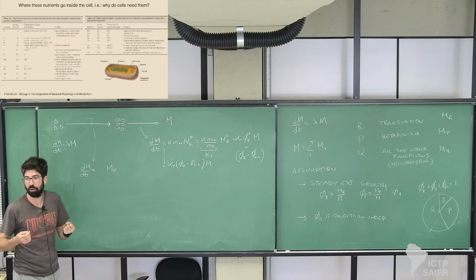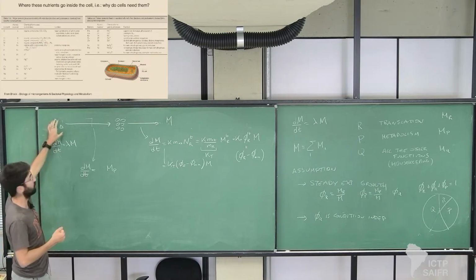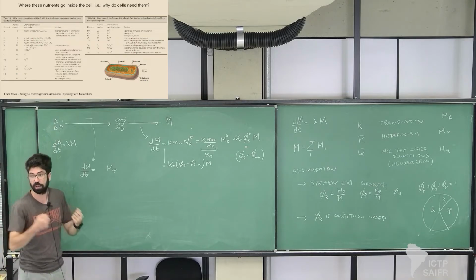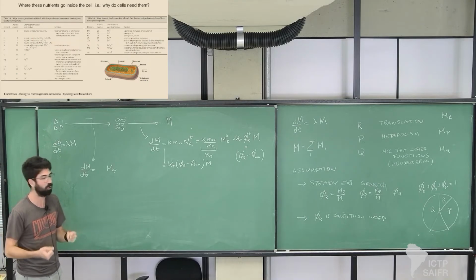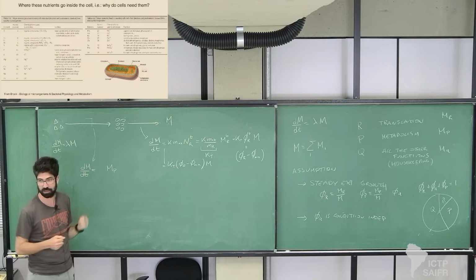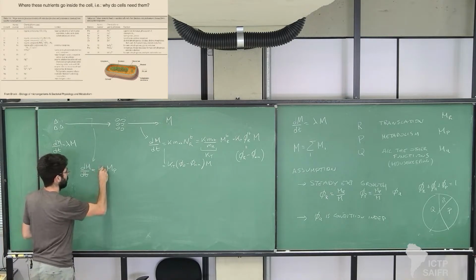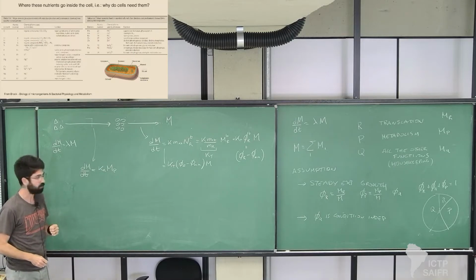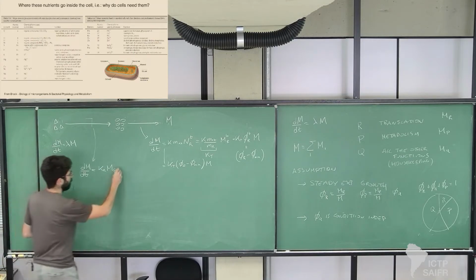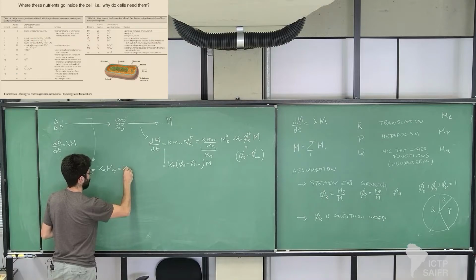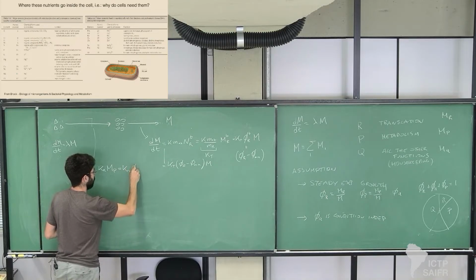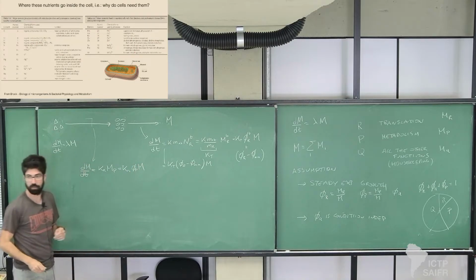So how easy these nutrients are to digest if you want to produce mass, to produce amino acids. That's a parameter, Kn. And of course I can write this as Kn phi p times n.